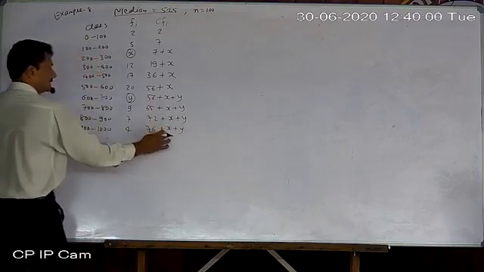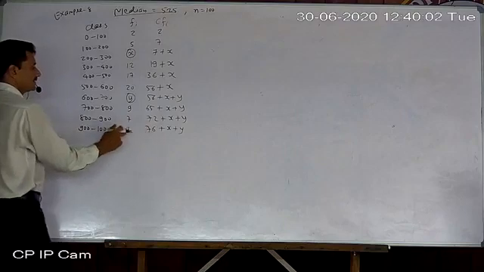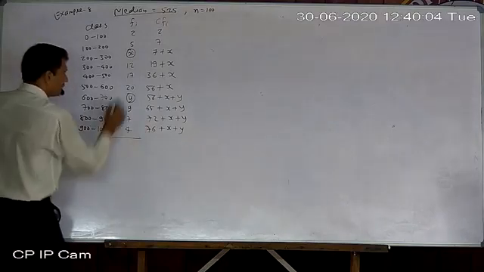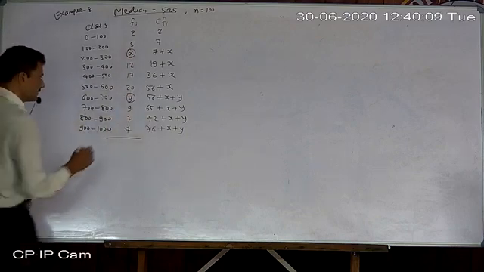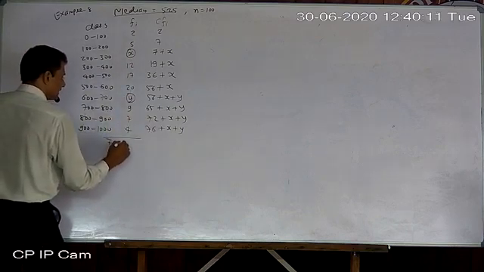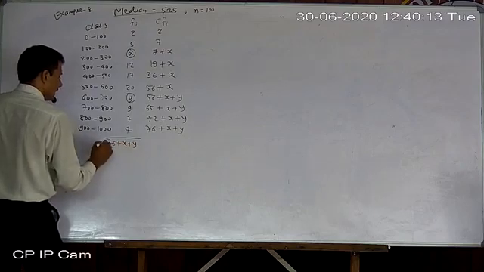Indirectly this is the total of all the frequencies, sigma fi. So no need to make the total again here. So write down 76 plus x plus y, that is nothing but n.